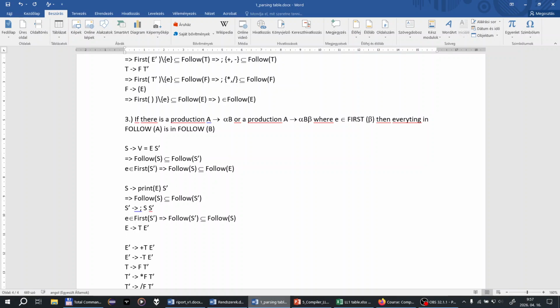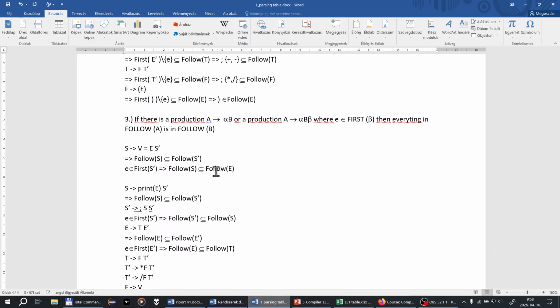Okay, let's see, TE prime: follow E is a subset of follow E prime, and since first E prime equals the empty, follow E is a subset of follow T as well.